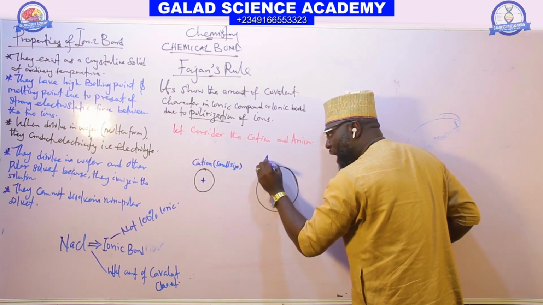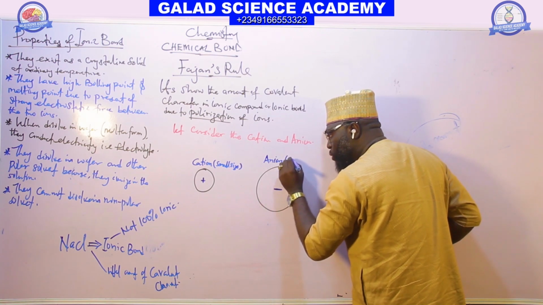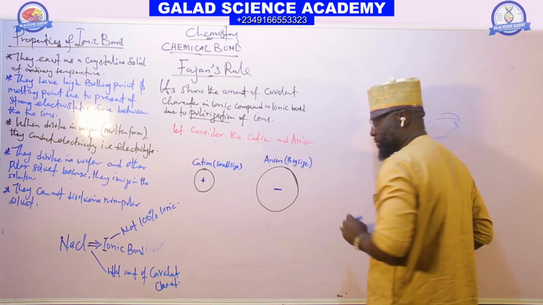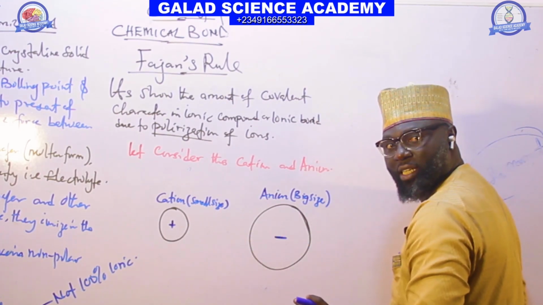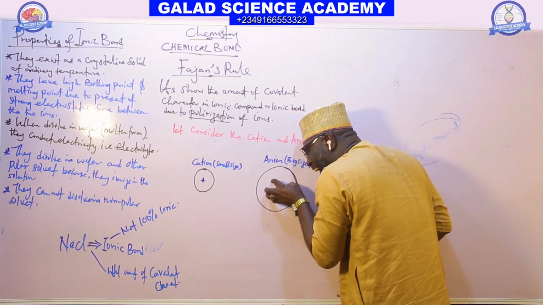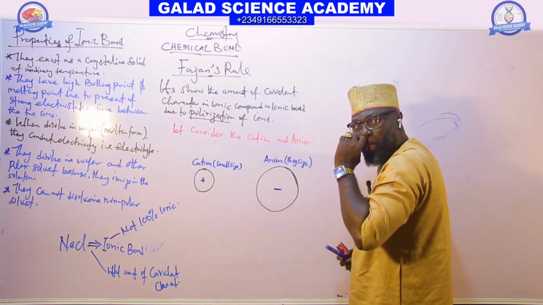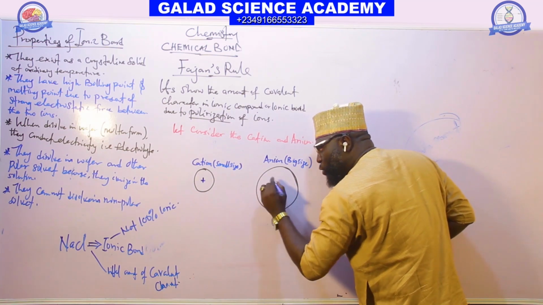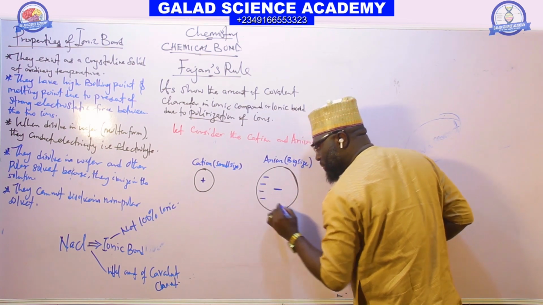Here we have a positive charge and here a negative charge. So when the positive charge of the cation attracts the electron of the anion, the electron cloud of the anion will move toward this side.